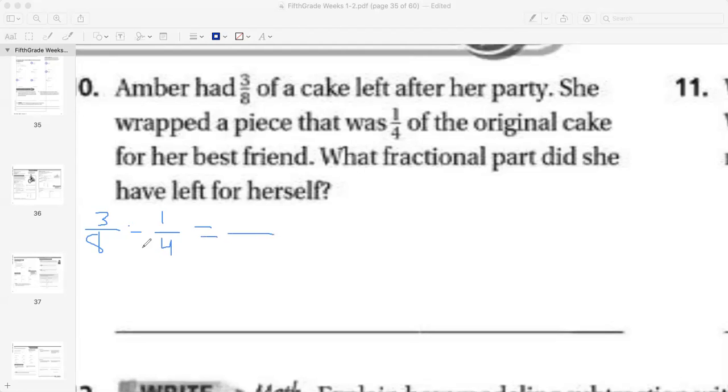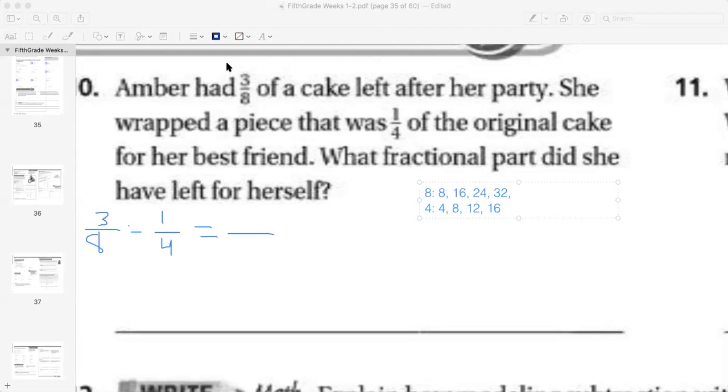This is a subtraction problem, but our denominators are different, so we need to go and list our multiples of 8 and 4 because those are our 2 denominators. So we're going to do 8, 16, 24, 32, and then we have 4, 8, 12, 16.